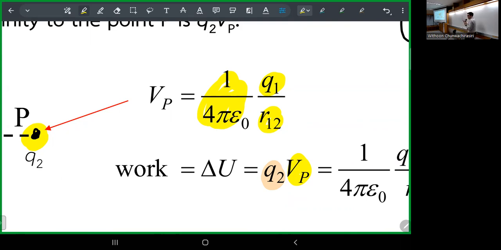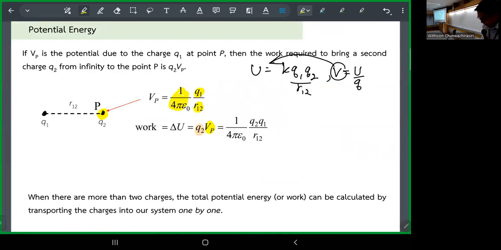And don't forget, this is always attached with minus V at infinity. So V at P means V at P relative to 0. How much energy do I need to bring the charge Q2 from infinity to point P? It's just Q2 times VP. I'm done.